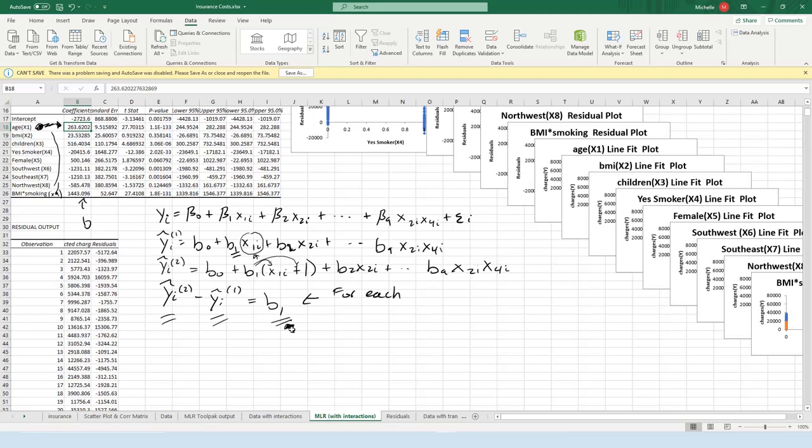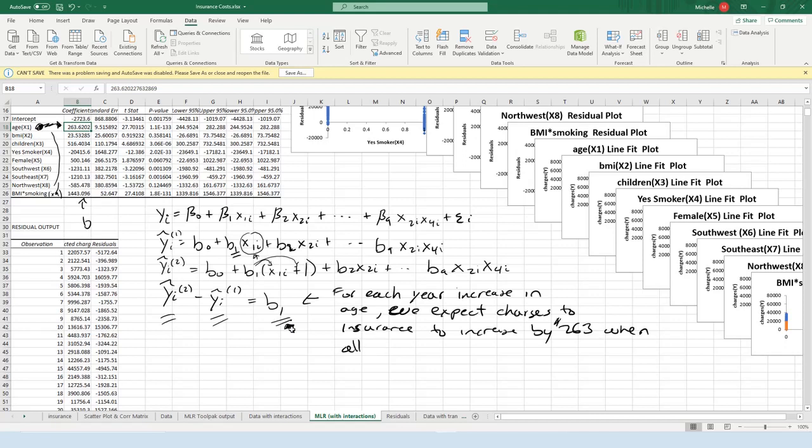For each year increase in age, we expect charges to insurance to increase by $263 when all other variables are held constant.